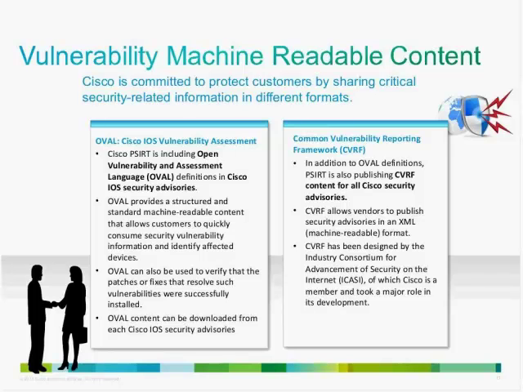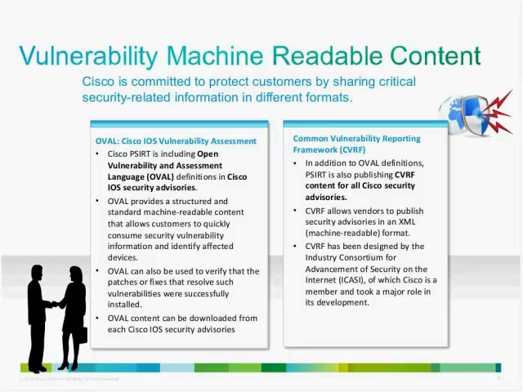So what OVAL does is provide a very structured and standard way, machine readable content, that allows customers to consume the security vulnerability information that we publish, and of course identify those affected devices. OVAL can also be used in many other different ways.